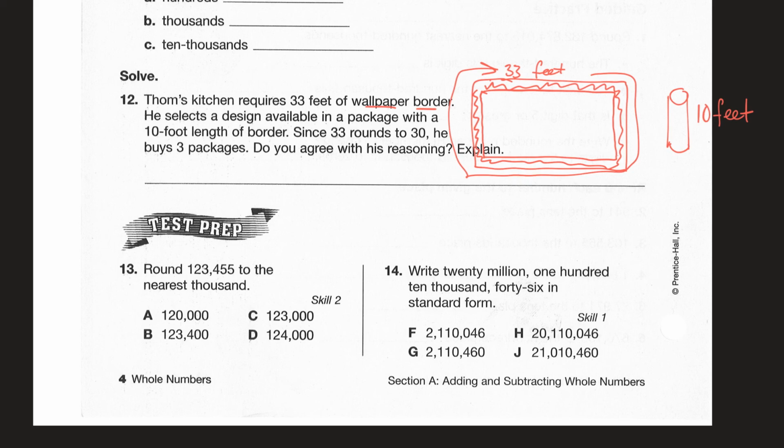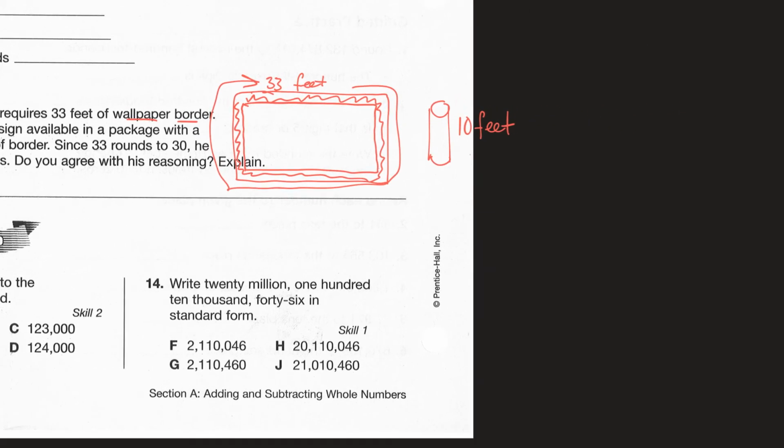We're trying to figure out how many packages he needs to cover the kitchen wall. Okay, will he have enough? If 10 feet is one package, and then he buys another package, another 10 feet, and another package, another 10 feet, how many does he have? He has 30 feet of wallpaper.